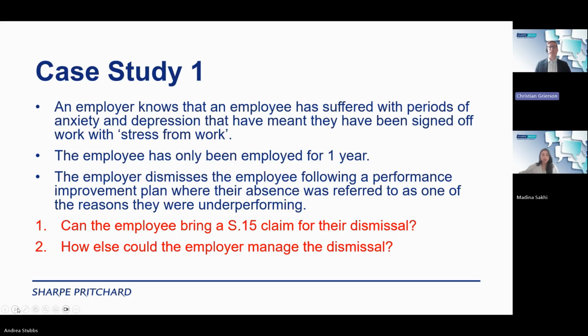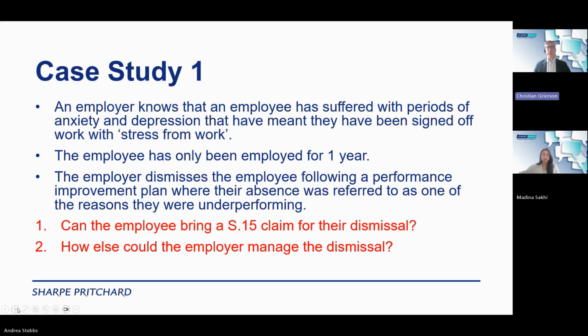However, if the manager thinks more broadly, okay, what's caused this stress at work? This individual is known to have anxiety and depression, and it's very likely that these periods of absence have been caused by that anxiety and depression. And so it may be possible for the employee to run a Section 15 claim in this example.